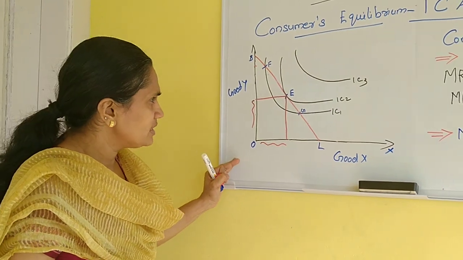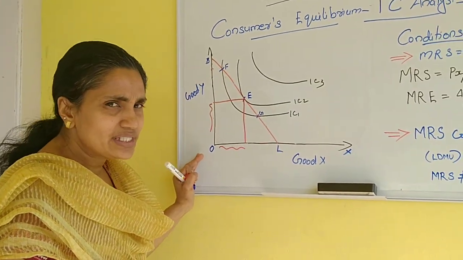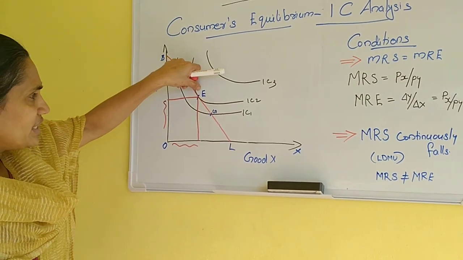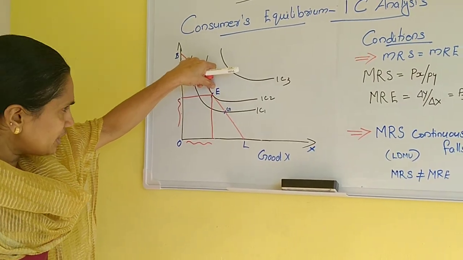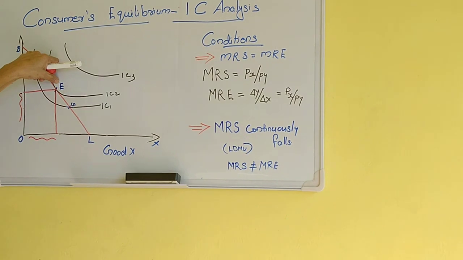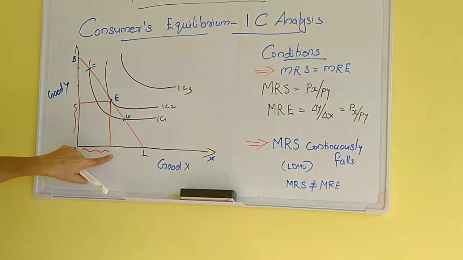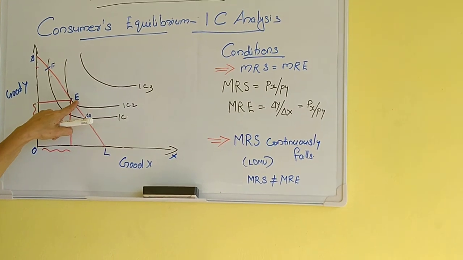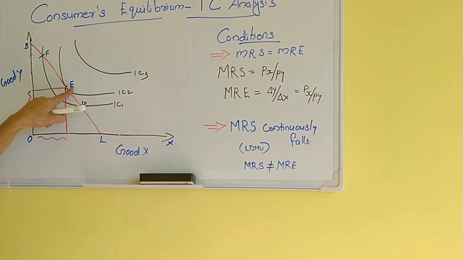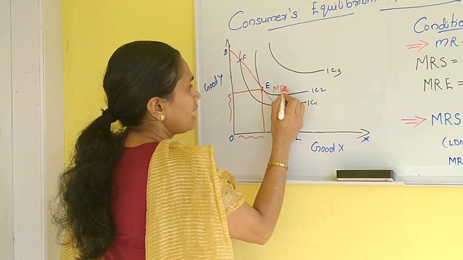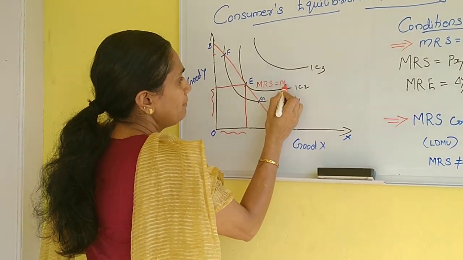So this diagram shows that the consumer is in equilibrium at the point E. Why? Because he is able to consume equally good Y and good X within the limited income.